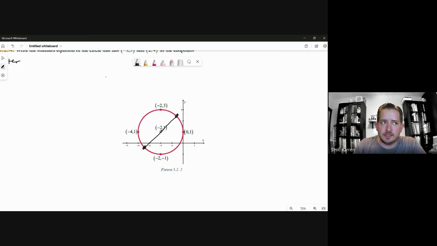So what that means is that the center of the circle is the center of your diameter. And it's the center of every diameter.